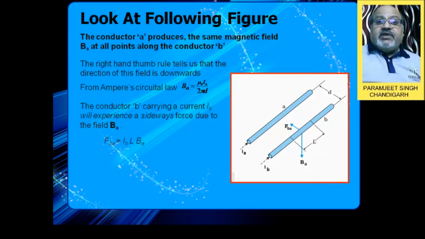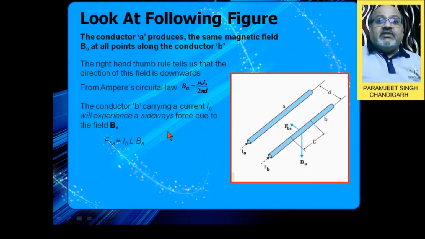FBA, force on B by A, is equal to current IB, length of the segment L, and field BA. So this much is the force applied by this very long straight conductor having negligible cross sectional area.